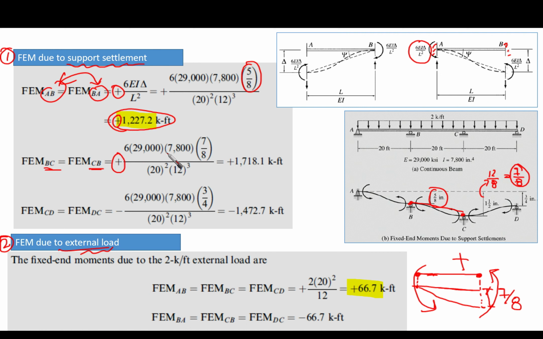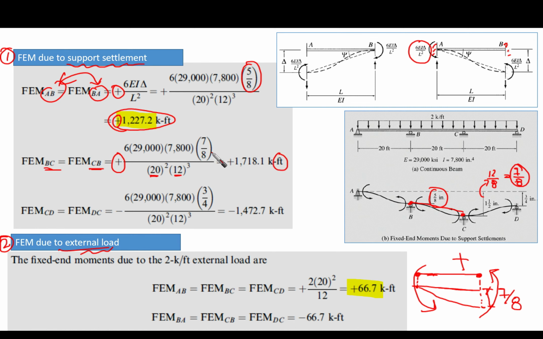This is 6EI delta over L to the power 2. Okay, we have 20, but we multiplied here by 12 in order to have the units to be consistent. We are having foot at the output.